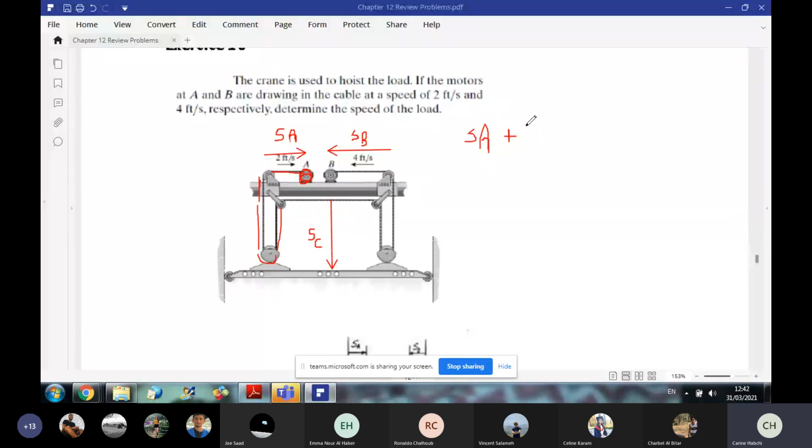So we can say that delta S will also be equal. So delta S of A will be equal to delta S of B.